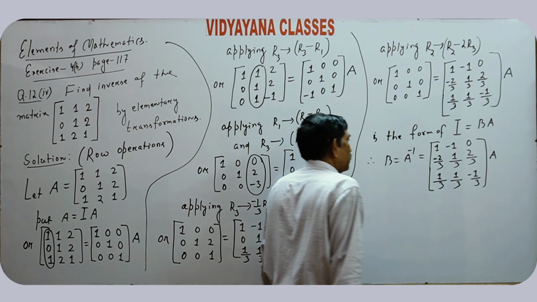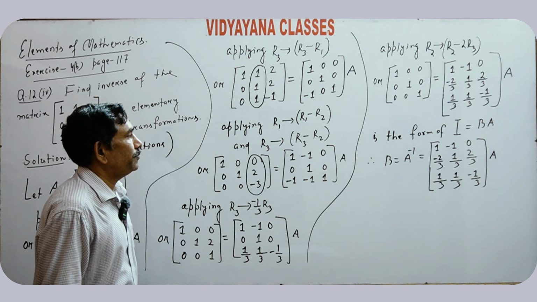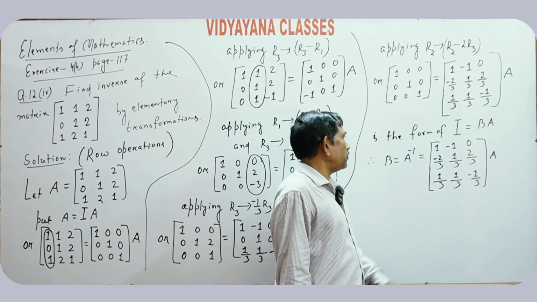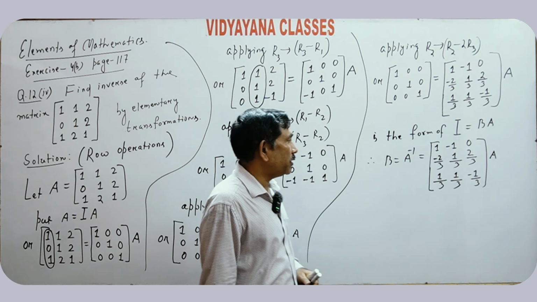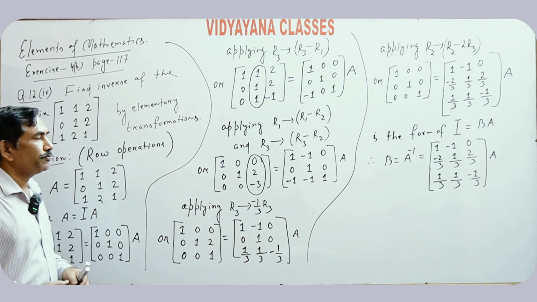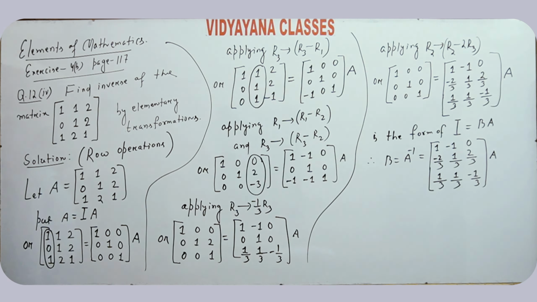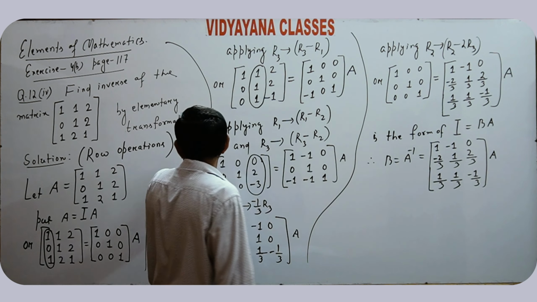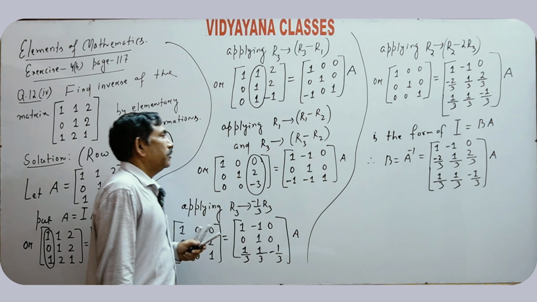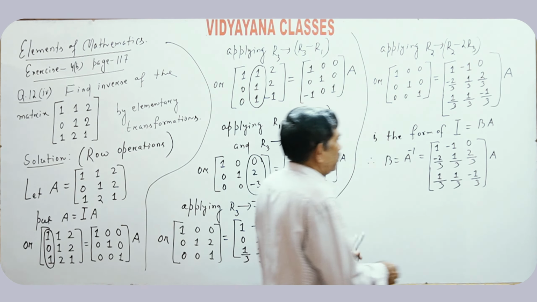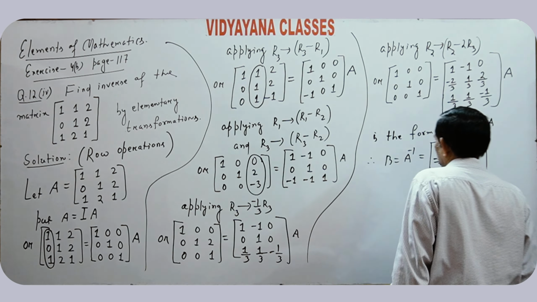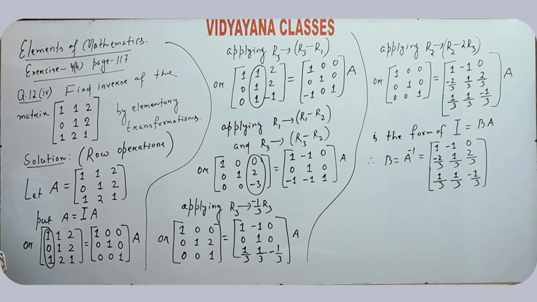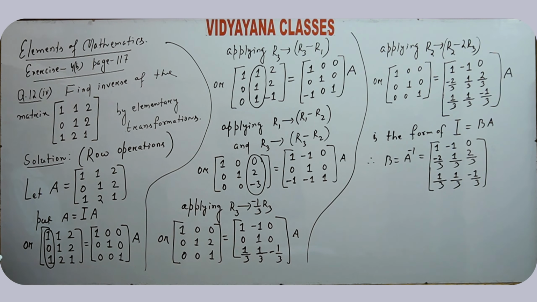Therefore, the inverse of the given matrix having elements 1, minus 1, 0, minus 2 by 3, 1 by 3, 2 by 3, 1 by 3, 1 by 3, minus 1 by 3. Using row operation, we get the inverse of the given matrix. So B is equal to A inverse. Clear? Okay. Note down.